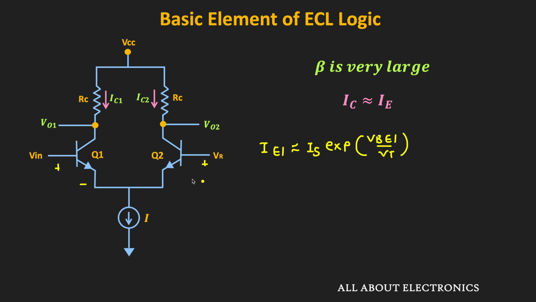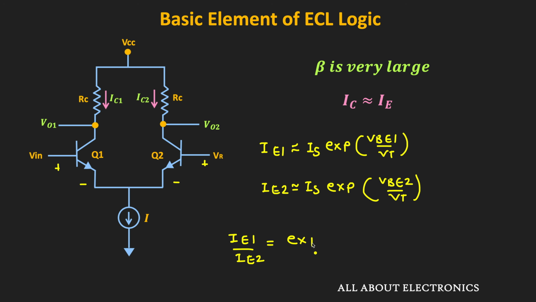Similarly, for the second transistor, the emitter current IE2 is approximately equal to IS times e to the power VBE2 divided by VT. If we take the ratio of these two equations, then I1 divided by I2 is equal to e to the power VB1 minus VB2 divided by VT.